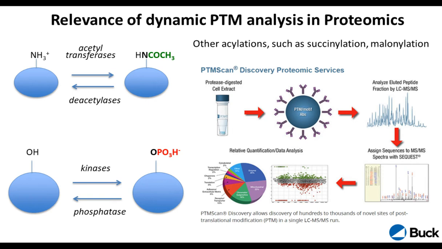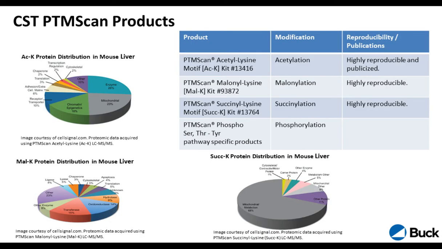So we have been working with CST antibodies for affinity enrichment for over a decade already, and we're even involved in some early development for acylation together with Dr. Worden and CST. What is interesting is that Matt mentioned there are these new PTMScan antibodies, particularly against acyl groups for acetyl, malonyl, and succinyl, and we have actually used them.